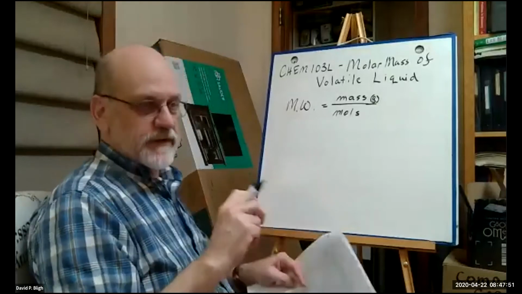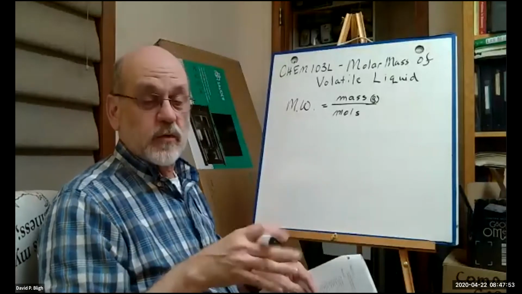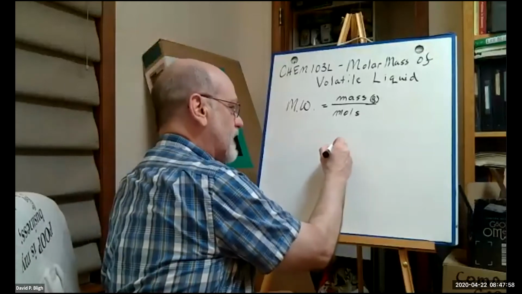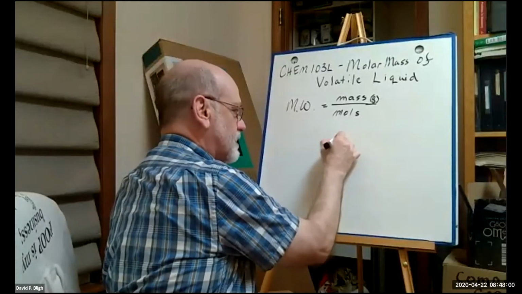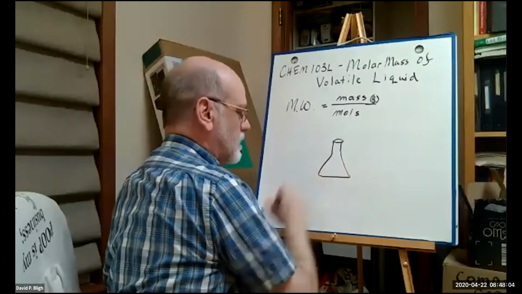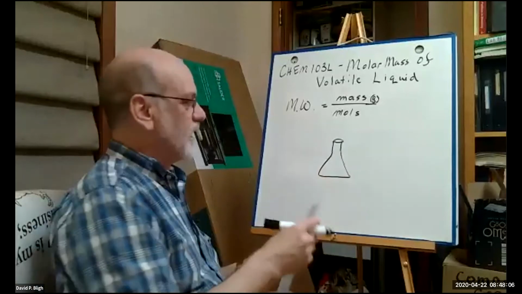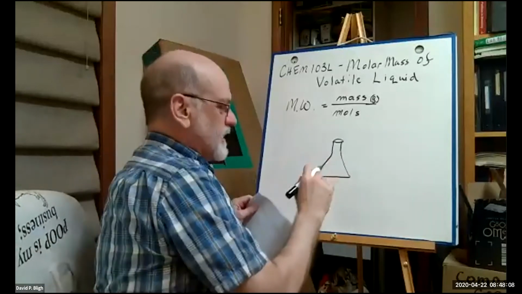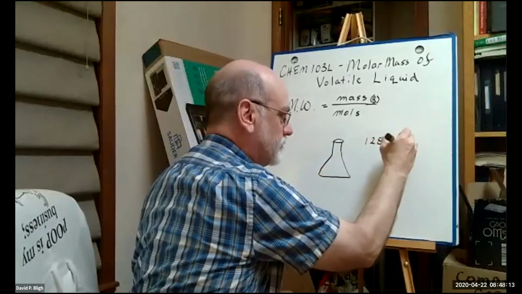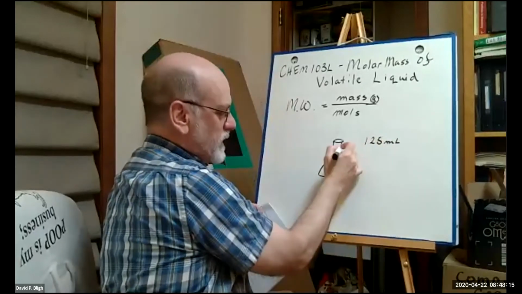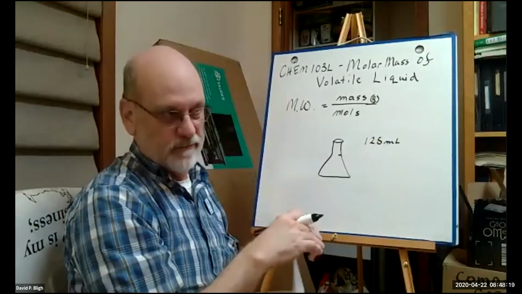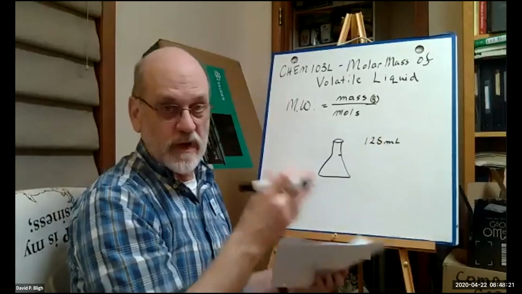So in this experiment, we're going to use a 125 milliliter Erlenmeyer flask. You see, an Erlenmeyer flask is shaped like that. And it's nominally 125 milliliters. Right? But that's only up to somewhere in here. It's marked. Many times they have graduated markings on them.